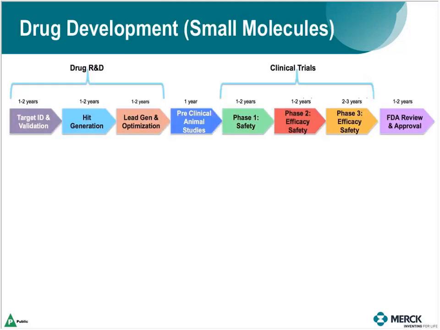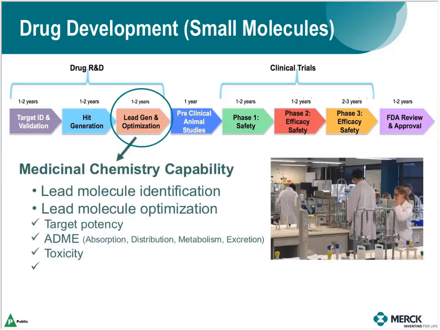This is a general pipeline for small molecules in a pharmaceutical company, the research and development pipeline. What we are focusing on here is lead identification and lead molecule optimization. Lead optimization covers a lot of areas.